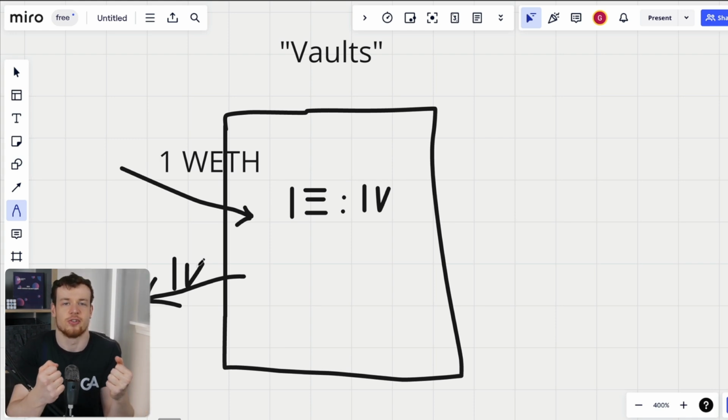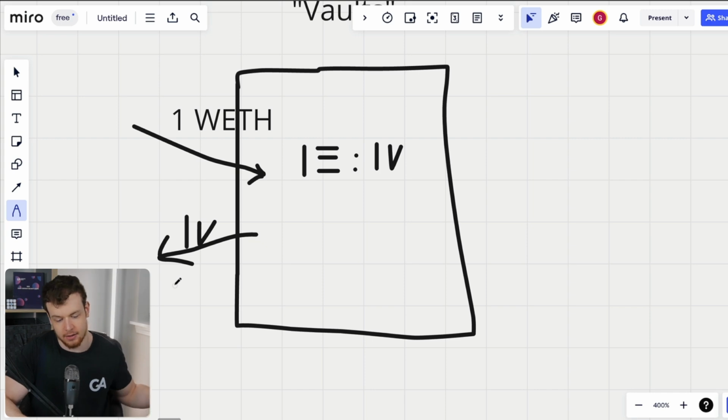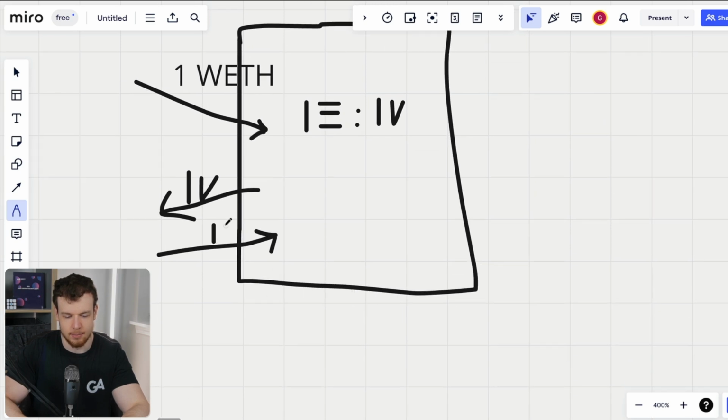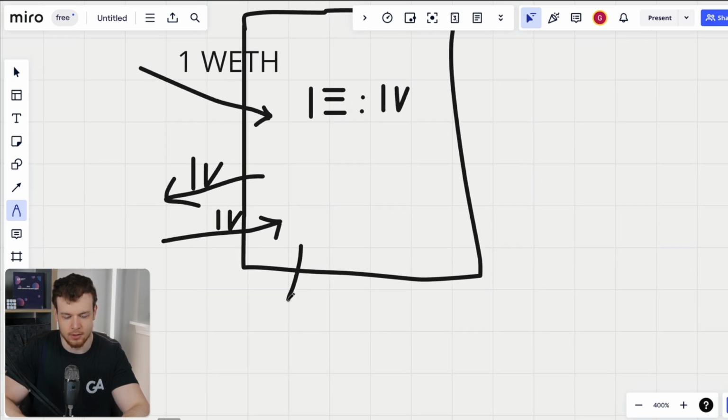It is essentially just an IOU from the vault saying that, hey, I can take this vault token, I can come back to this contract at some point in the future, and I can redeem my one vault token and get my Ethereum out. Now, I might not get exactly one Ethereum though, because this ratio here can change.